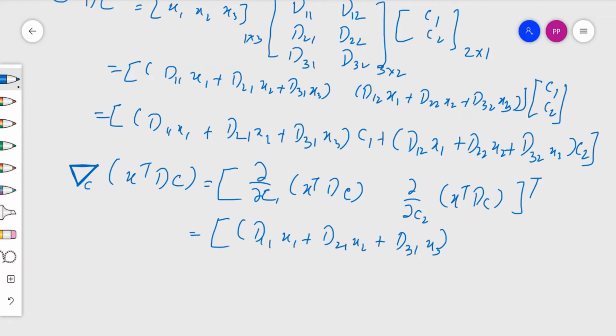Then we have the other term as D12 x1 plus D22 x2 plus D32 x3. This is the transpose, and this is same as within the square bracket. We see that this is same as X transpose D. So outside transpose is there, so if we implement it, it will become D transpose x.